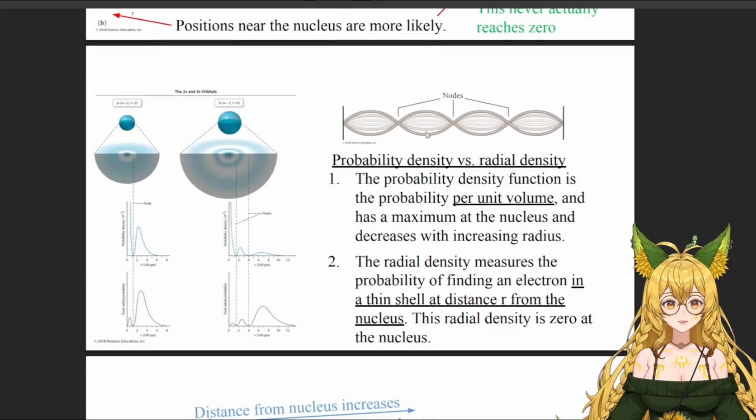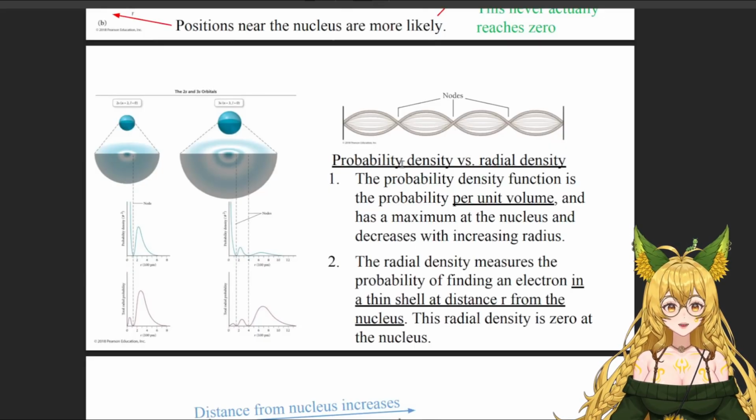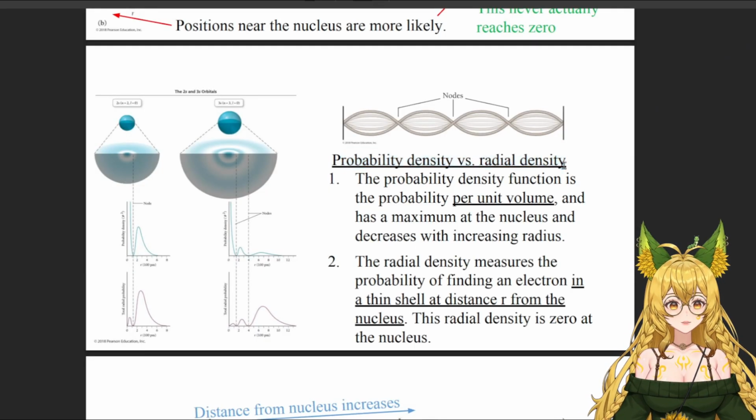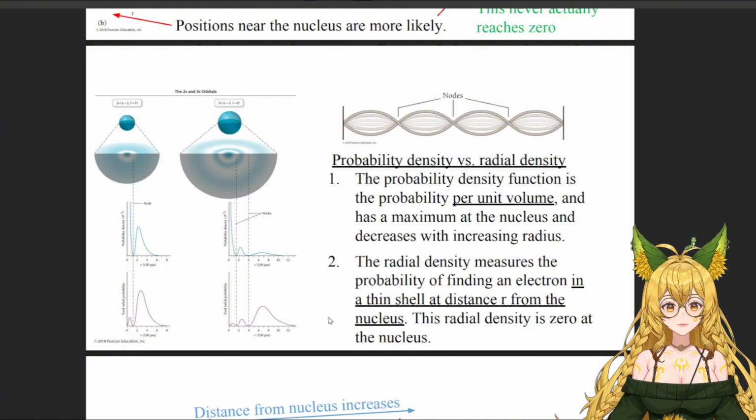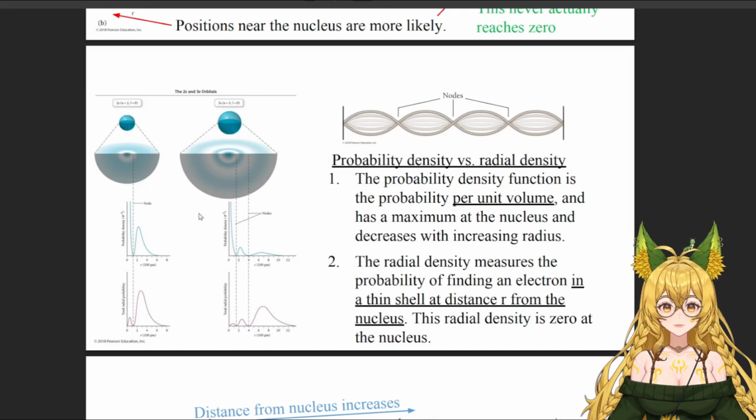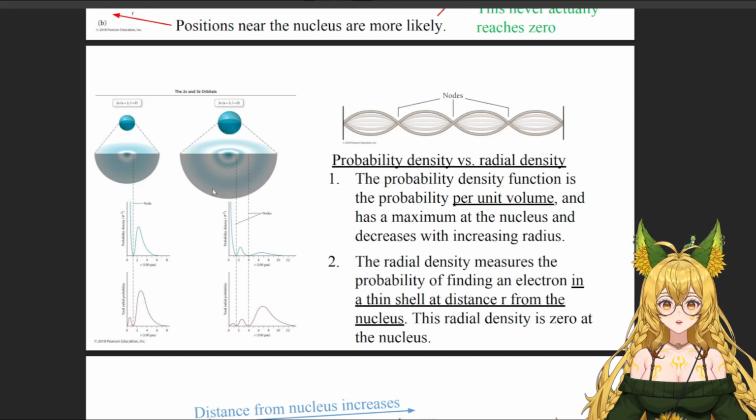So looking here, we got little nodes, right? The probability density versus the radial density. The probability density function is the probability per unit volume. It has a maximum at the nucleus and decreases with the increasing radius. So basically what it's saying here with these nodes is the further out you go, the less dense it's going to be, right?